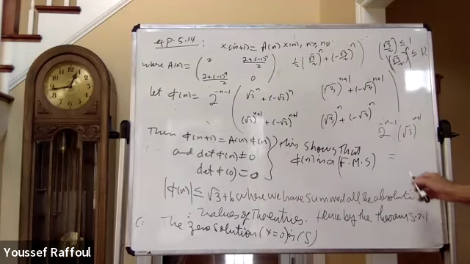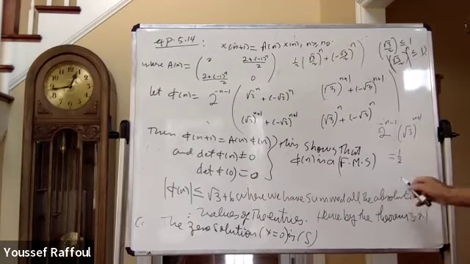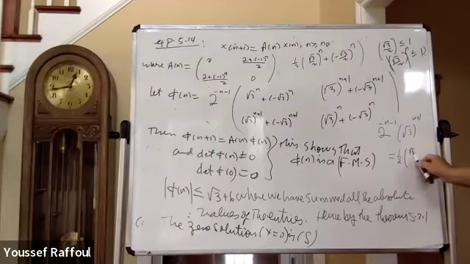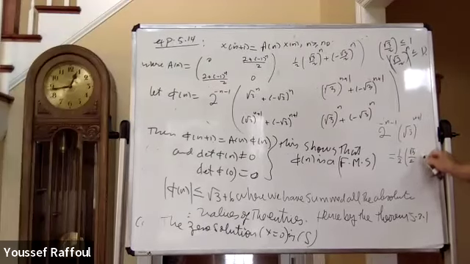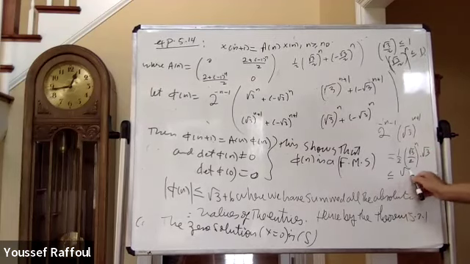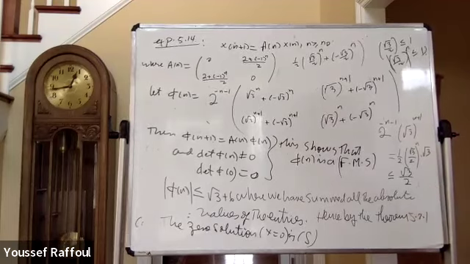So this is 1/2 times the square root of 3 divided by 2 to the power n times the square root of 3. You see that? That is less or equal to square root of 3 divided by 2.